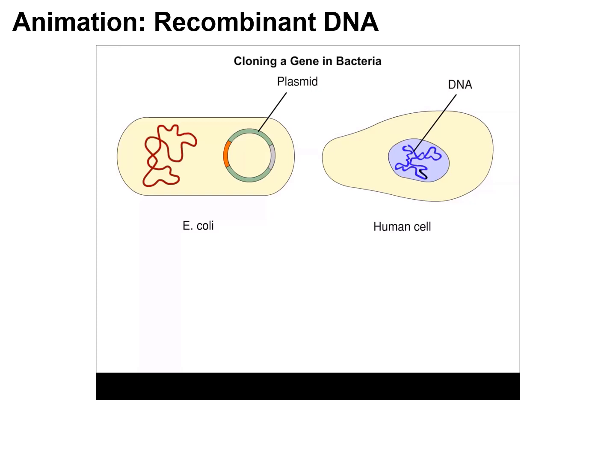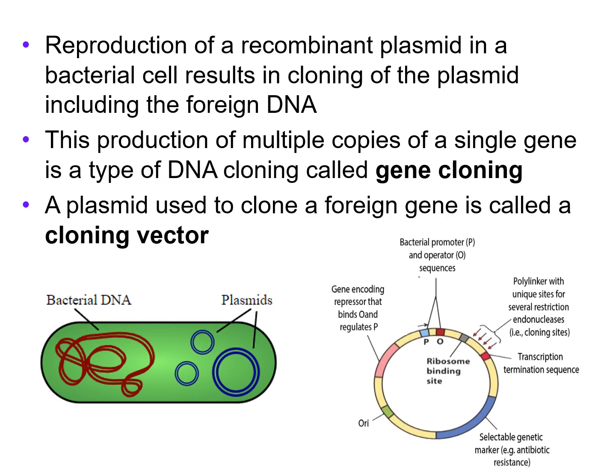And so this technology here, this definition, recombinant DNA, is the idea that we can recombine DNA. We can add, subtract sequences to other pieces of DNA. Along the lines of recombinant DNA is the idea of what are called plasmids.